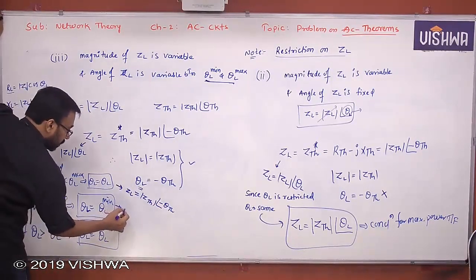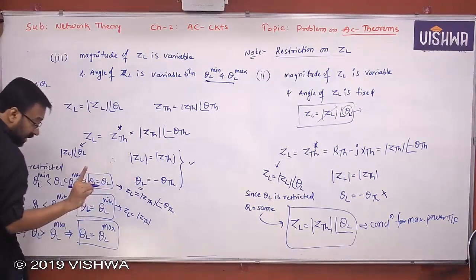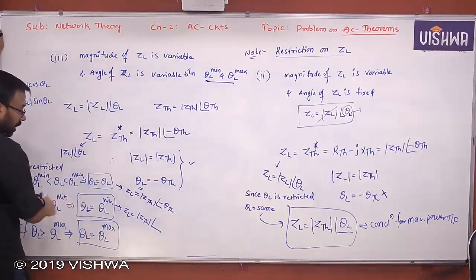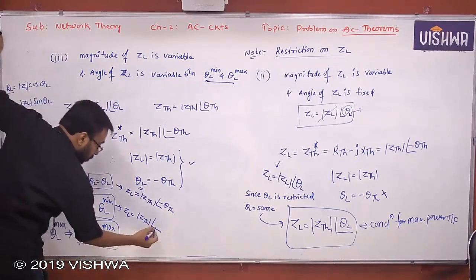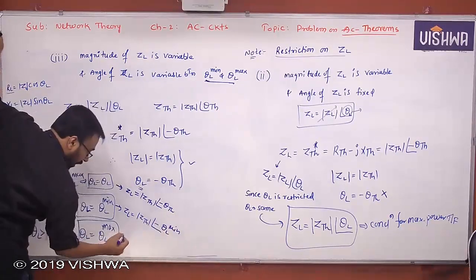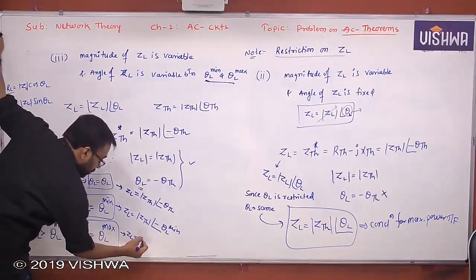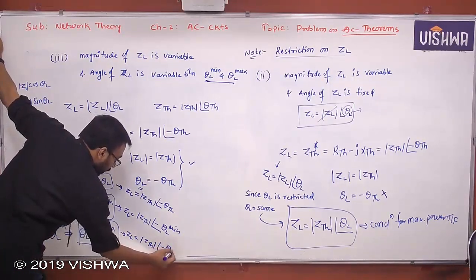And here, ZL becomes the magnitude of ZTH. You understand? Magnitude of ZTH, but what does the angle become actually? If it is inductive, then definitely it must be capacitive. So minus theta L minimum. Got it? Then in this case, ZTH at minus theta L maximum.